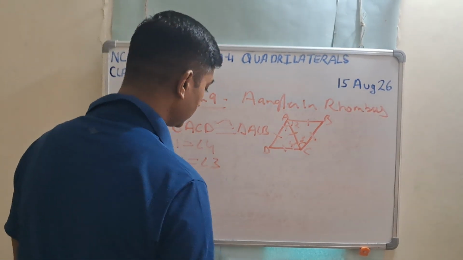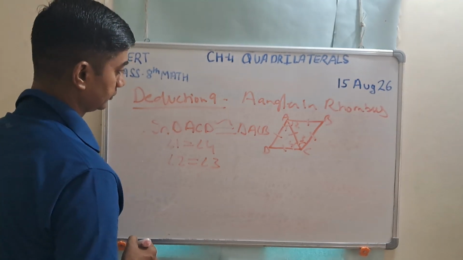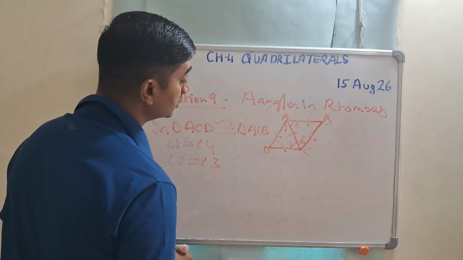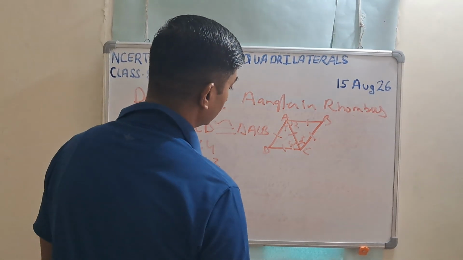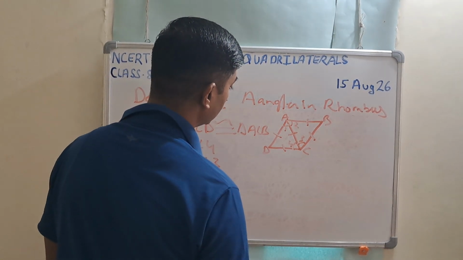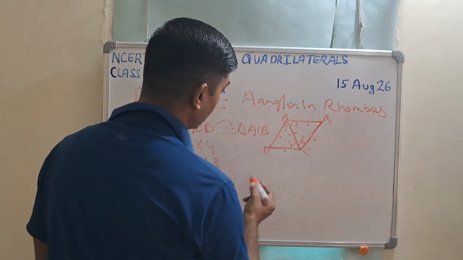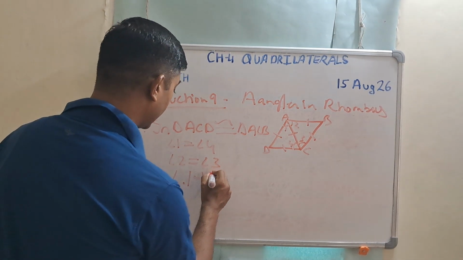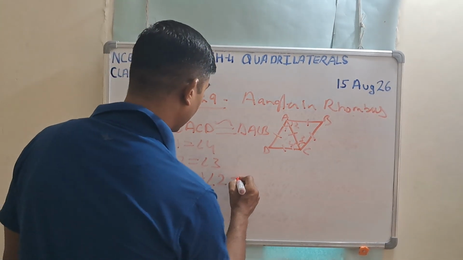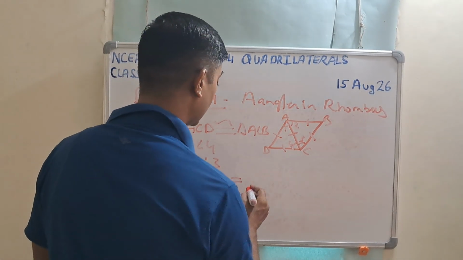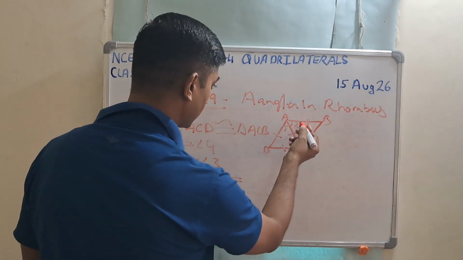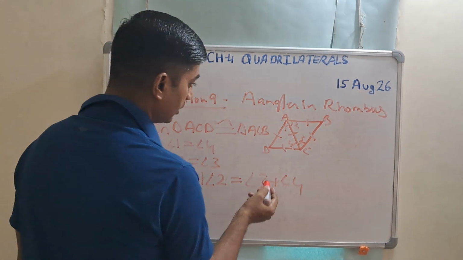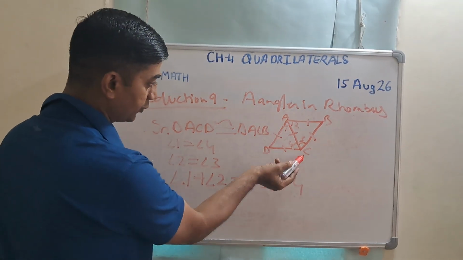And also angle 1 plus angle 2 is equal to this complete sum, means angle 3 plus angle 4, since this is also a parallelogram and opposite angles are equal.